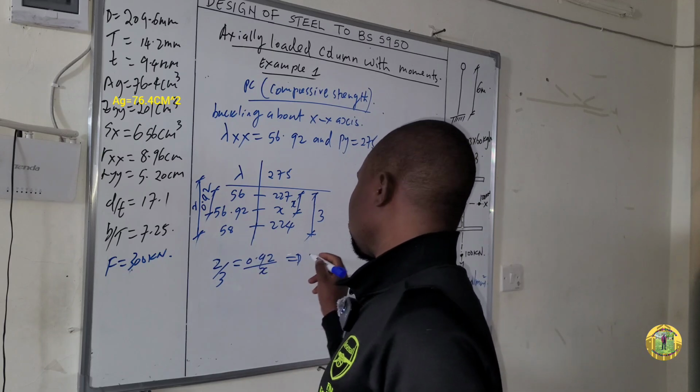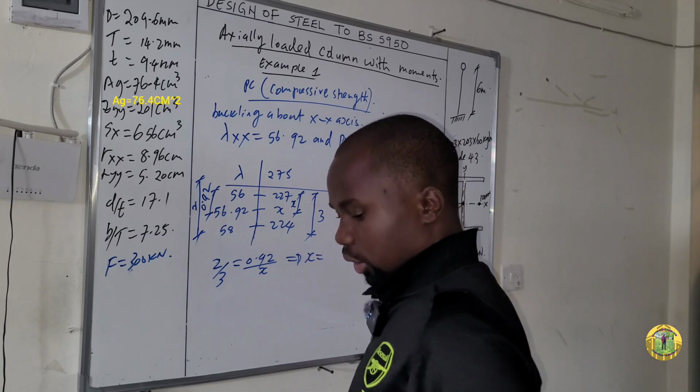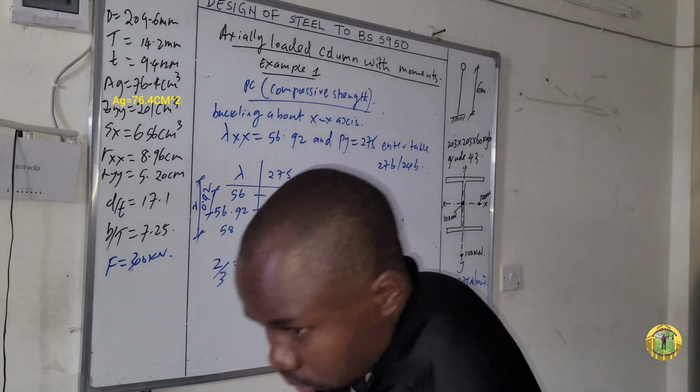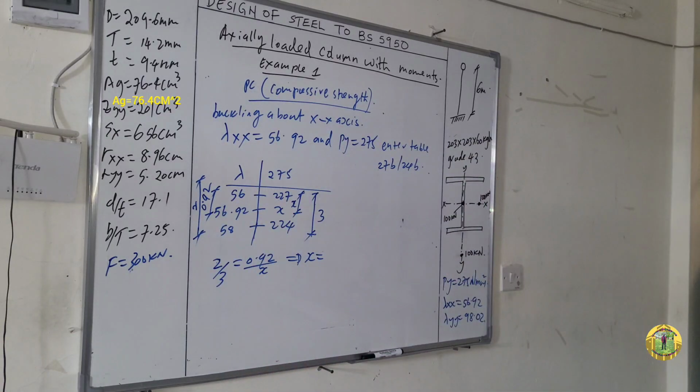You cross multiply, which implies x is equal to 3 times 0.92 divided by 2. So this is 1.38.